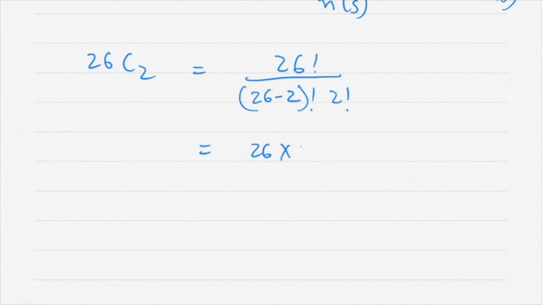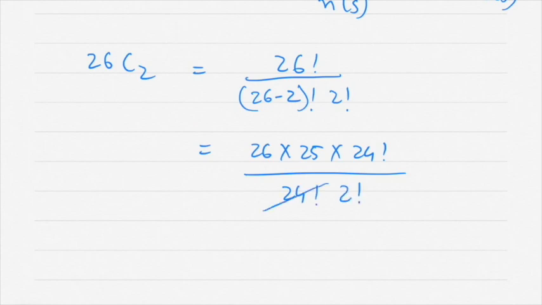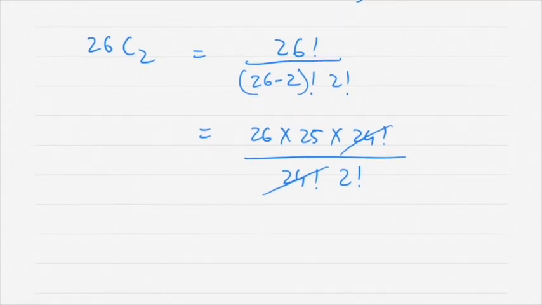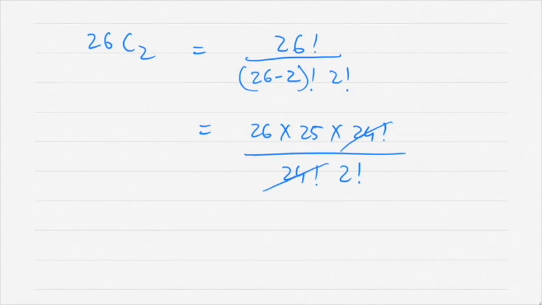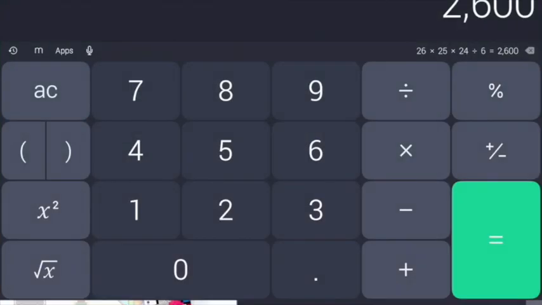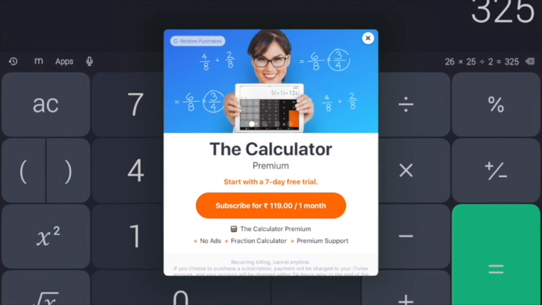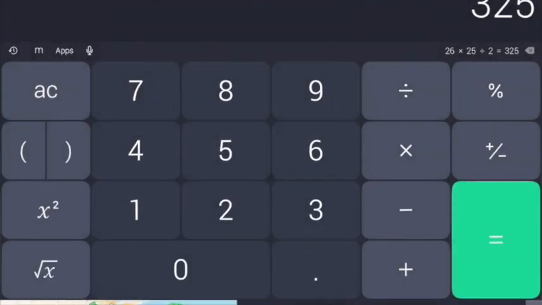So 26 into 25 into 24 factorial divided by 24 factorial 2 factorial. 2 factorial is 2, 24 factorial cancels. So 26 into 25 divided by 2 is 325.